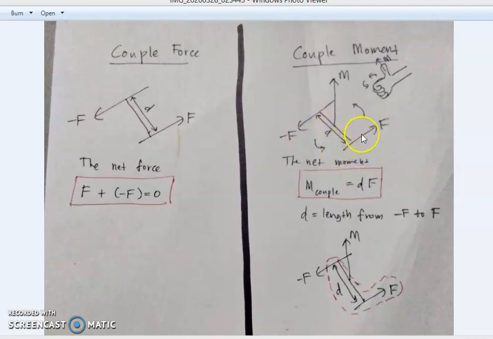So d multiplied with F, where d is the length from negative F to this F. Frankly speaking, if we want to calculate the couple moment, we need to take out this part, so simply multiply d with F.